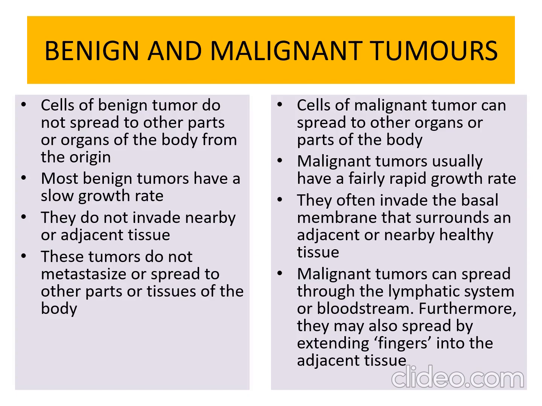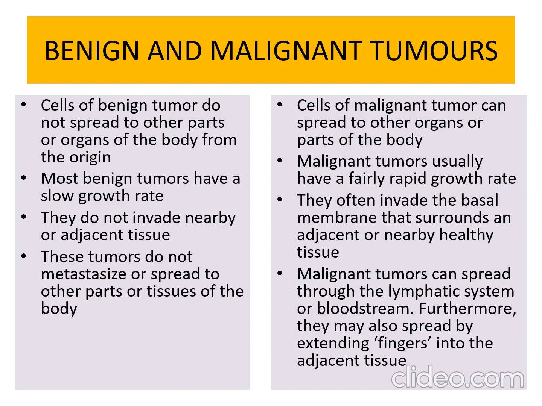The benign tumors do not invade nearby adjacent cells, whereas the malignant tumors invade the basal membranes that surround the adjacent and nearby healthy tissues. The benign tumors do not metastasize or spread to other parts or tissues of the body, whereas the malignant tumors spread through the lymphatic system or the bloodstream.